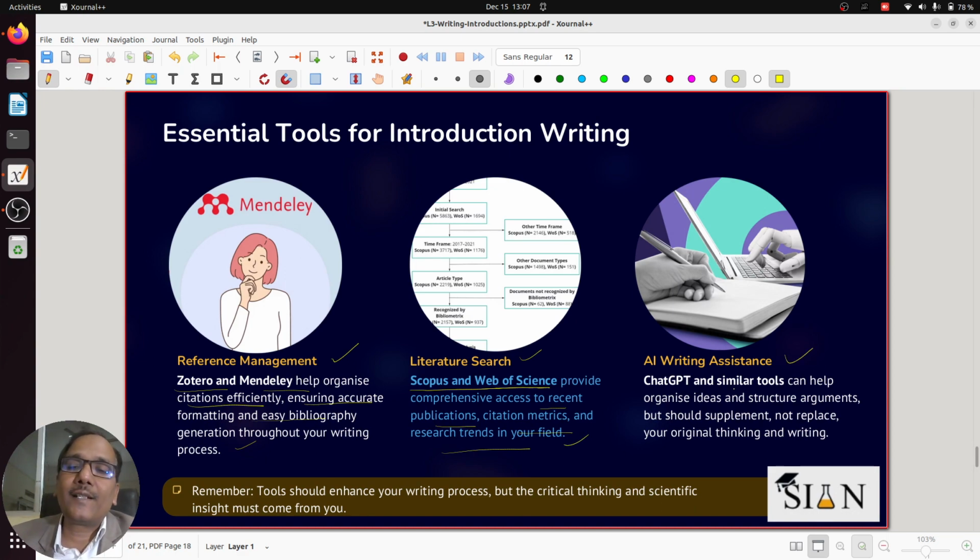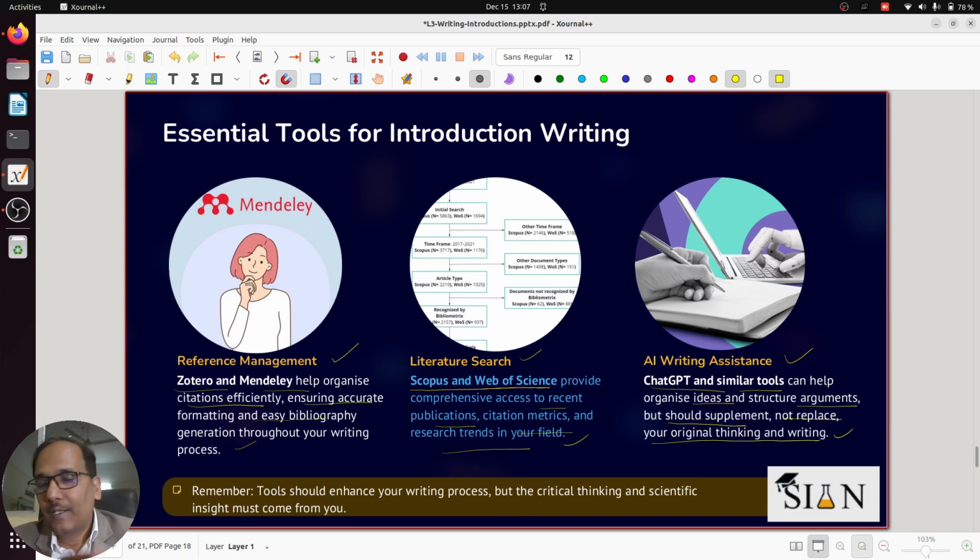AI writing assistants, you can also use. ChatGPT and similar tools can help organize ideas and structure arguments, but should supplement, not replace, your original thinking and writing. So do not depend 100% on ChatGPT; you can use it as a supplement.